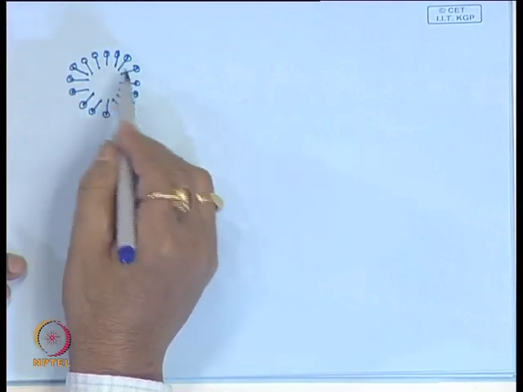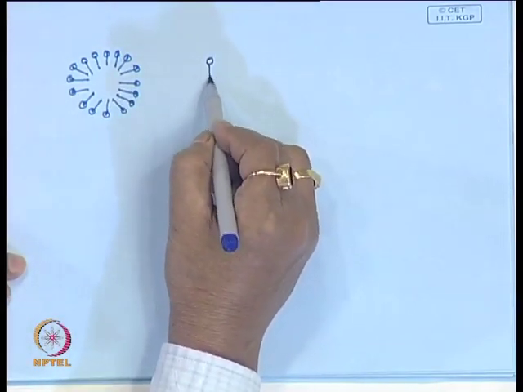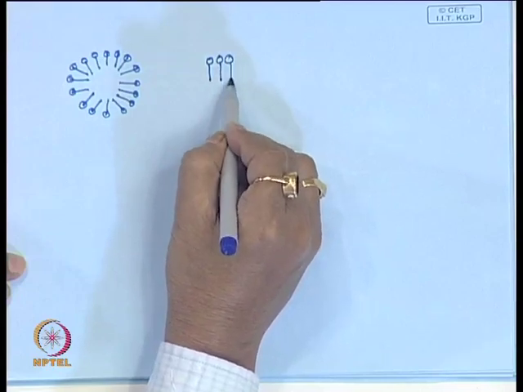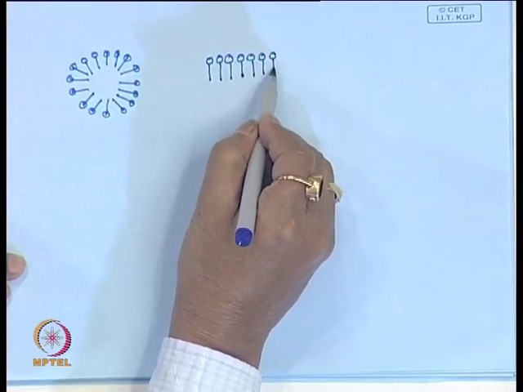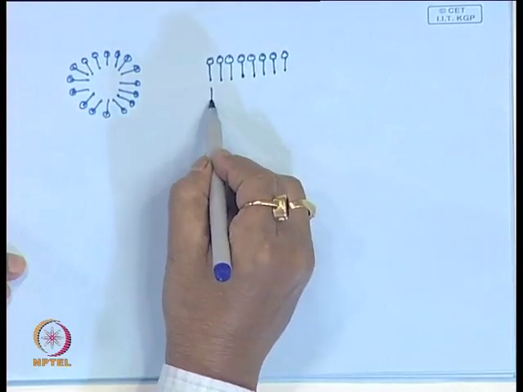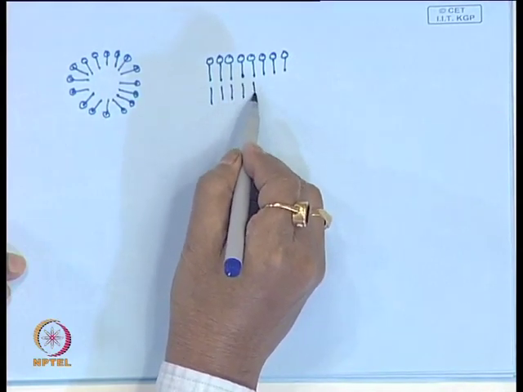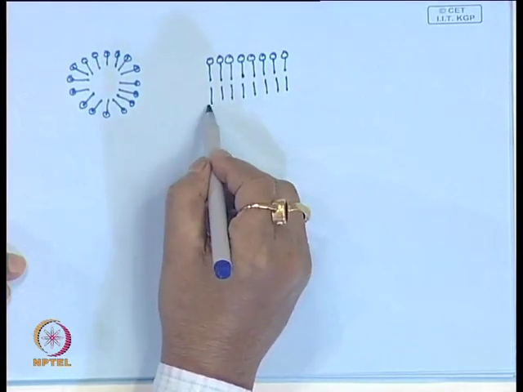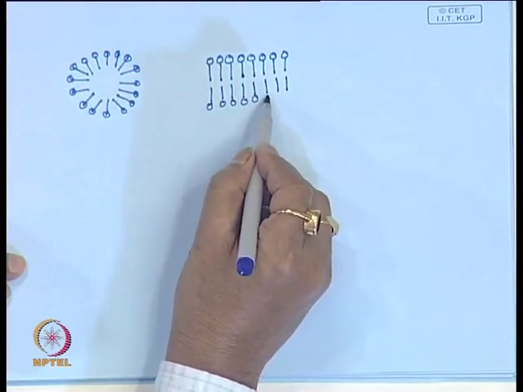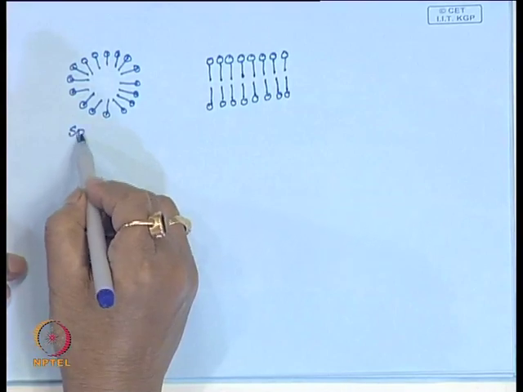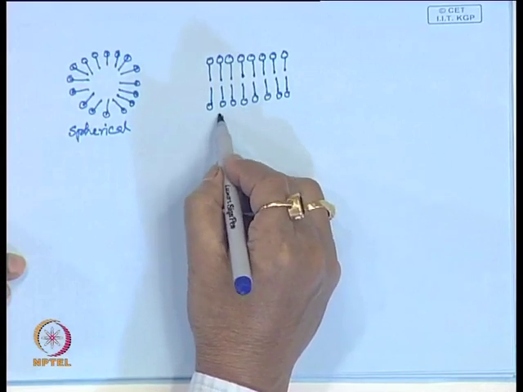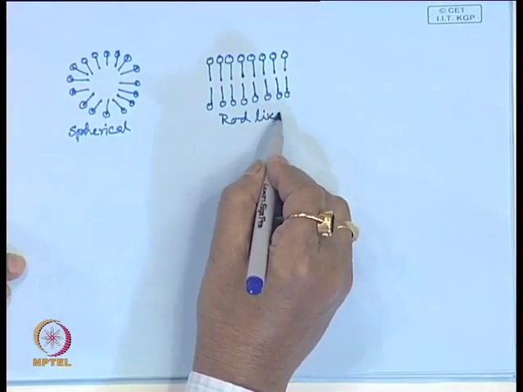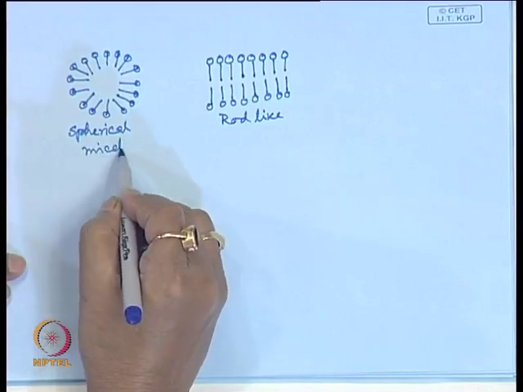These molecules can form aggregates like this geometry, or it can also form geometries like this. So, this is spherical aggregates, this is rod like aggregates, these are called micelles.